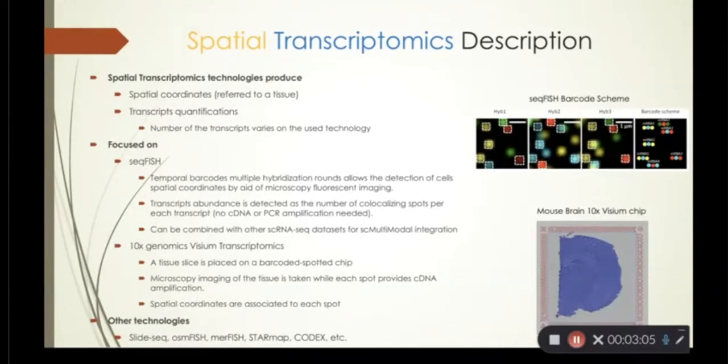So in the end, we will be able to detect the spot thanks to its barcode and to have the transcript abundance associated to that specific spot.